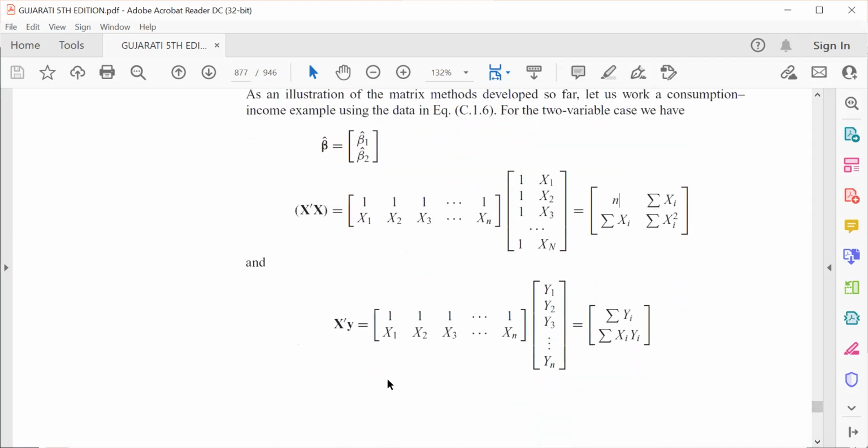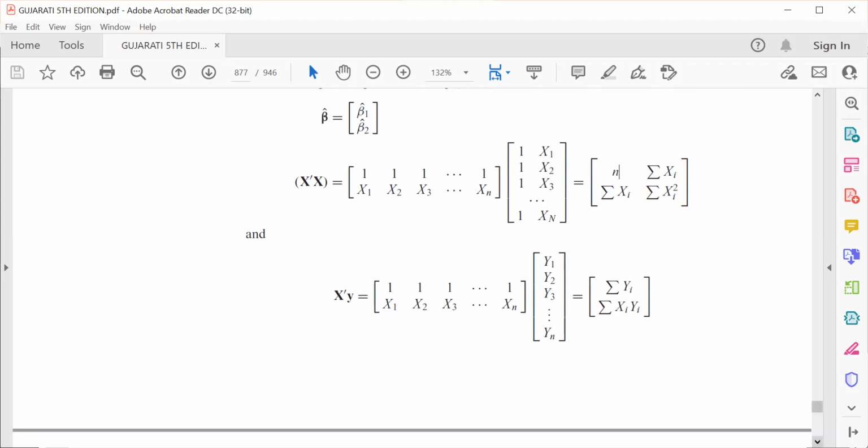For X prime Y, we multiply X prime with Y, because we have 1 as the constant for the intercept of the equation, and x1, x2 until xn are the values of the first variable. We multiply 1 with y1 plus 1 with y2 plus 1 with y3, and we get sigma y. And we multiply x1 with y1, x2 with y2, x3 with y3, until xn with yn, and we get sigma xy.